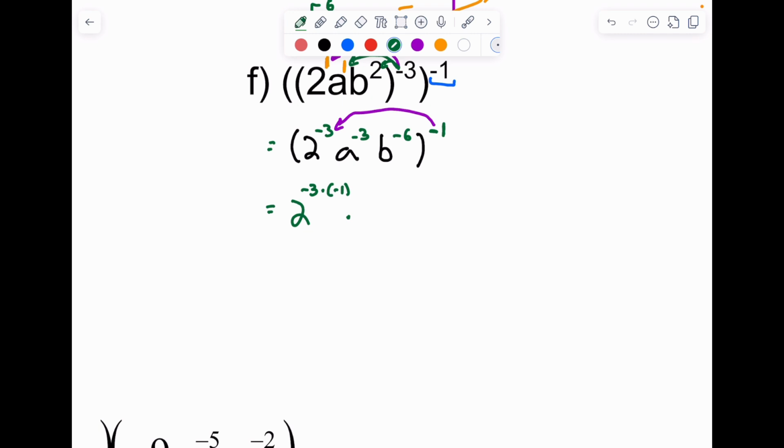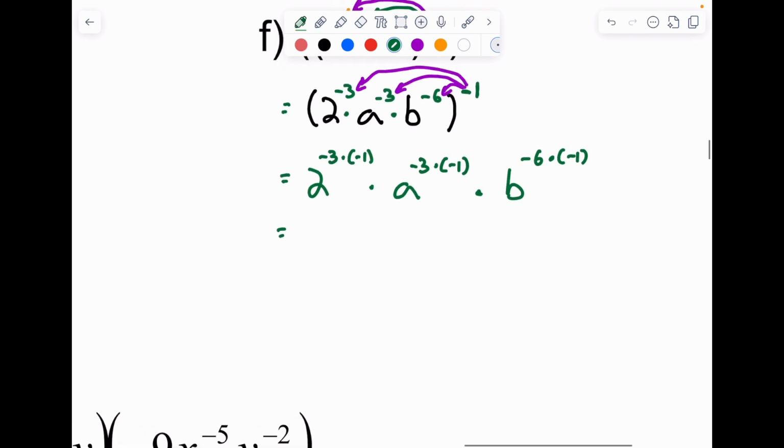And again, all these things are being multiplied. a to the minus 3 being also multiplied by negative 1. And then b to the minus 6 is being multiplied by negative 1.